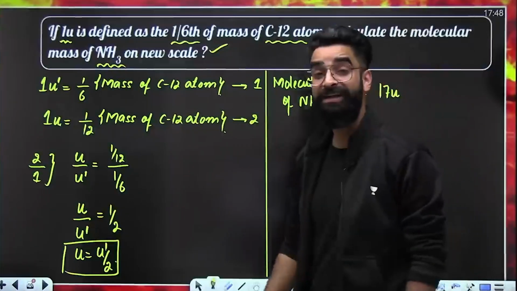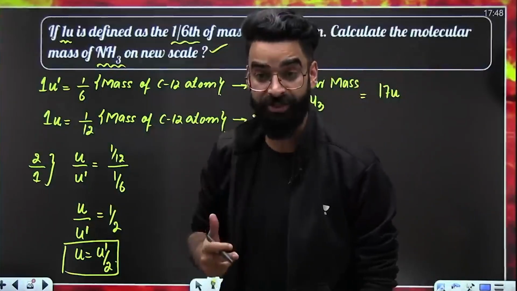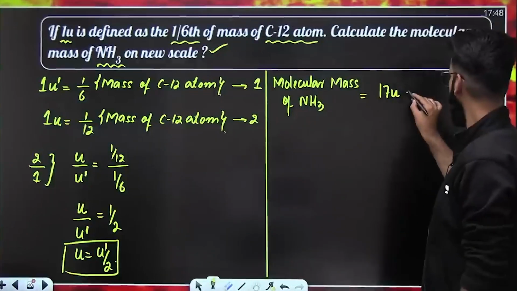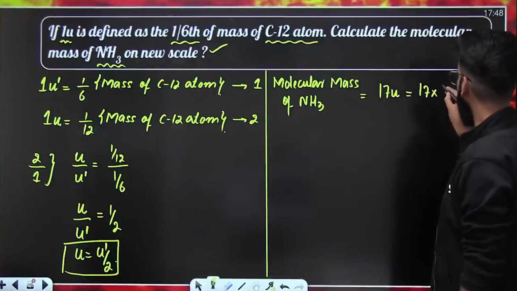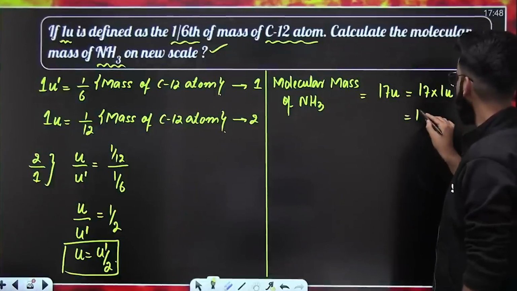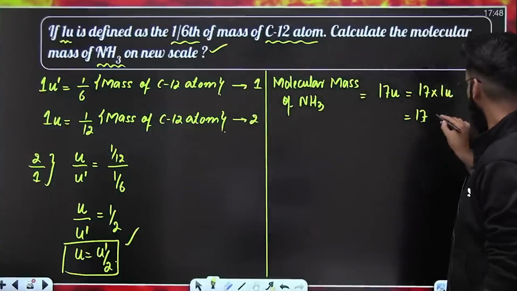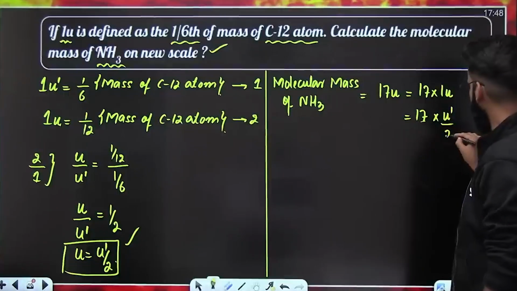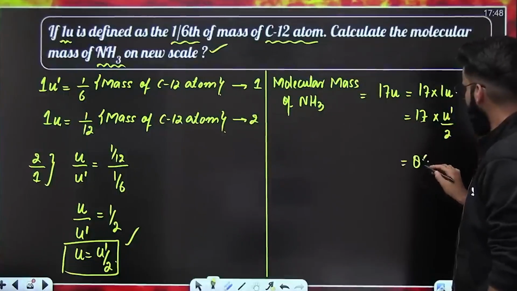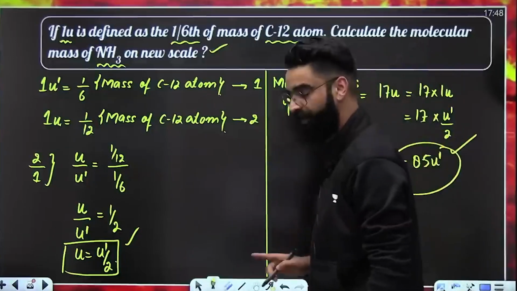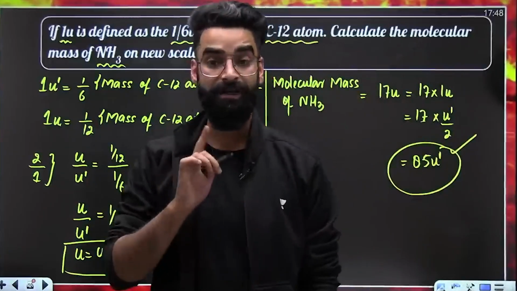But do we have to write the answer in terms of U or U dash? We have to write it in terms of U dash. So you can write it as 17 multiplied by 1U, and instead of 1U you'll be writing U dash by 2. So it's 17 multiplied by U dash divided by 2. The final answer will come out to be 8.5 U dash. So this is the molecular mass of NH3 as per the new scale.